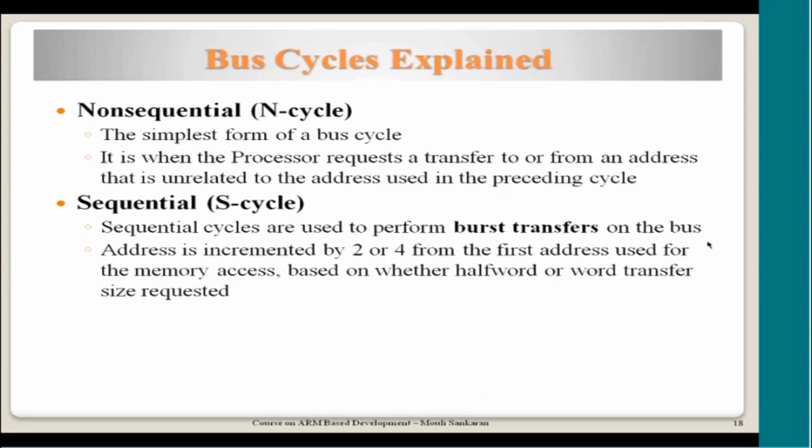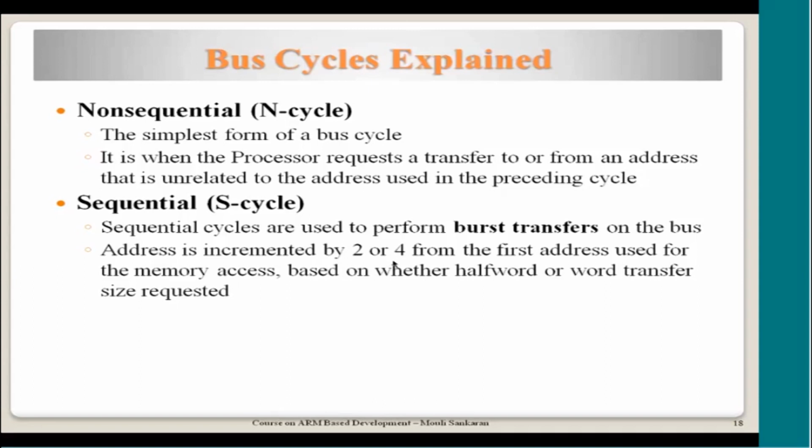So then you may wonder, why is half word supported in the bus mode? Because we may have a system where the memory has only 16-bit data. If the memory is a very cheap memory in a low-cost application, we can't say that the ARM CPU cannot work with a memory which has only 16-bit data.